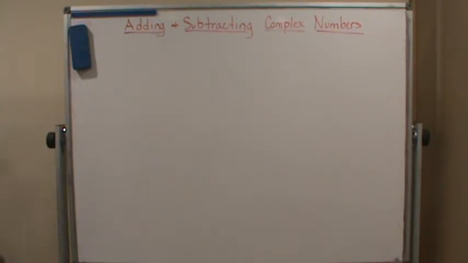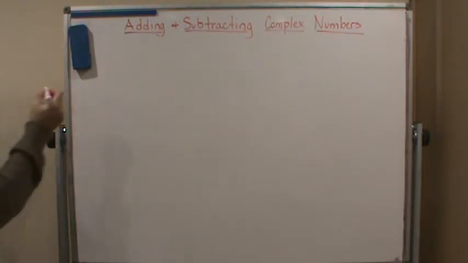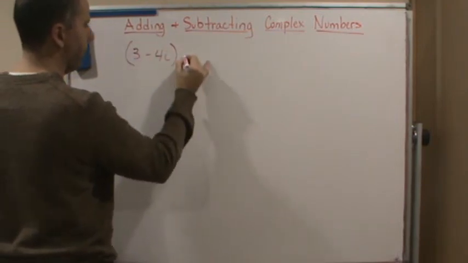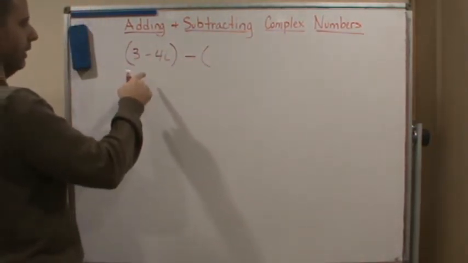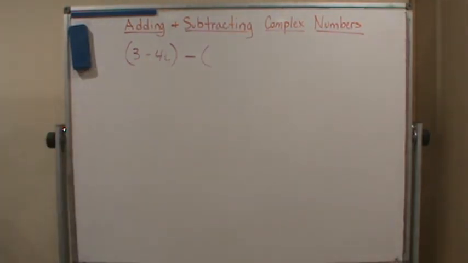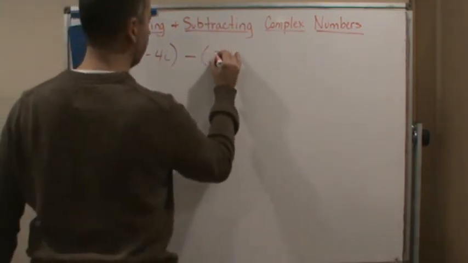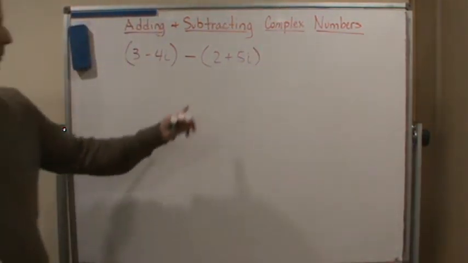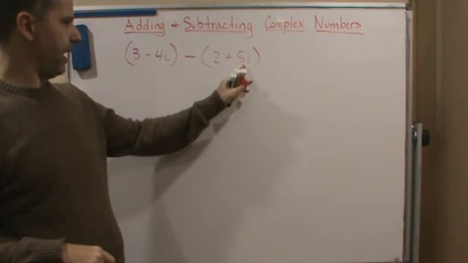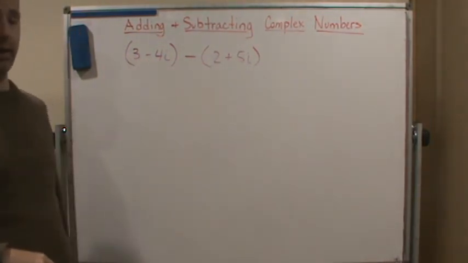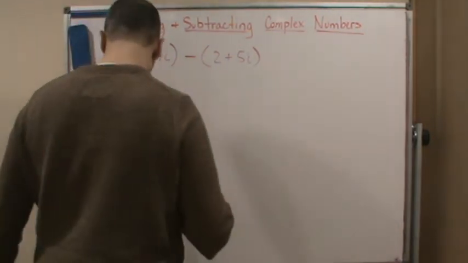So the way I'm going to write this is 3 minus 4i minus 2 plus 5i, because I'm subtracting this from this. So it's going to be this.